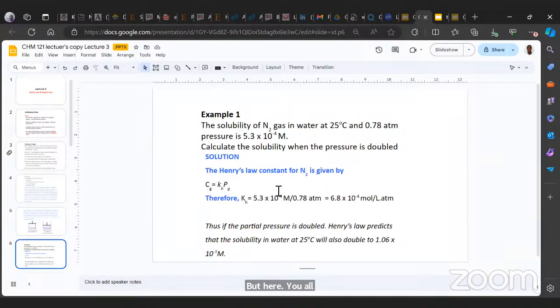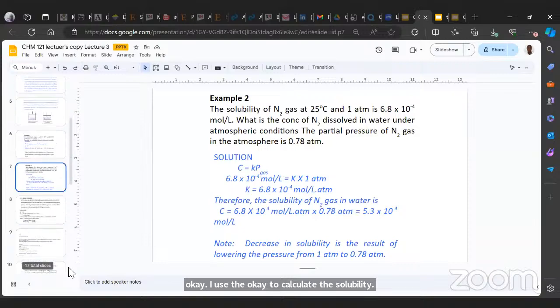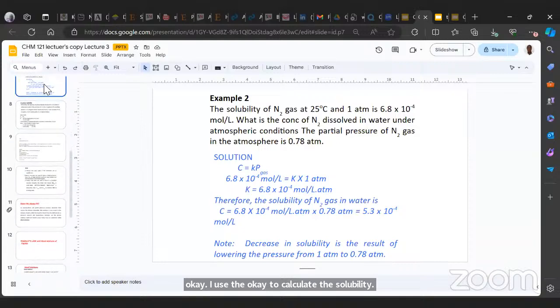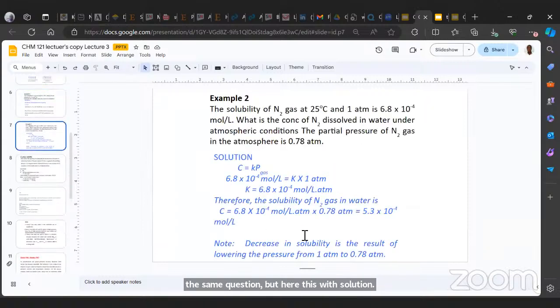Use these 2 equations to get your K and use your K to calculate the solubility. Look at this example again. It's the same question, but here I've calculated it.